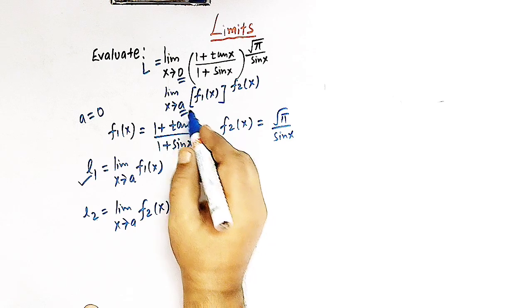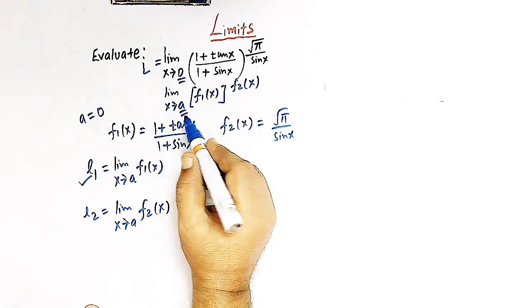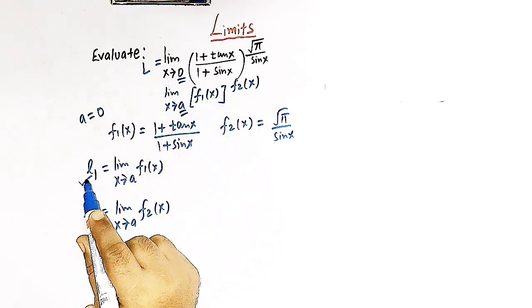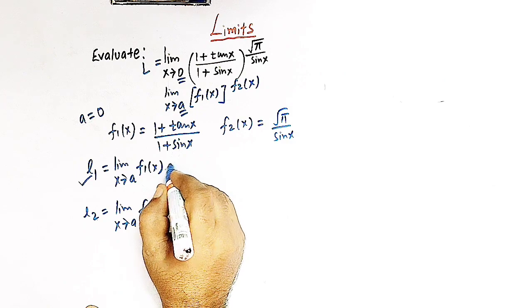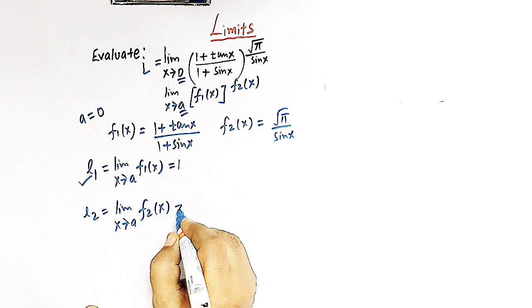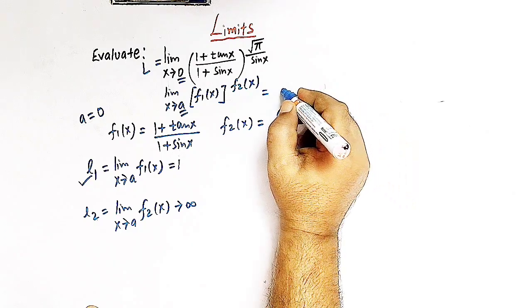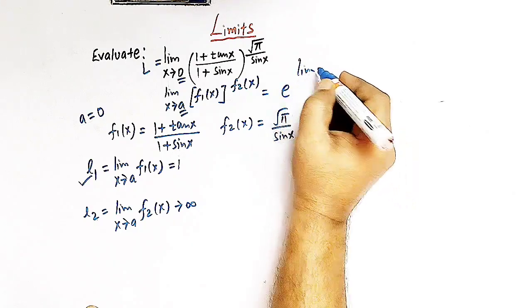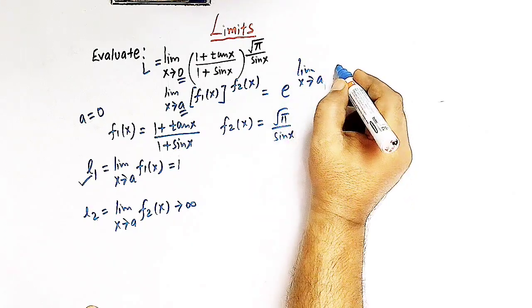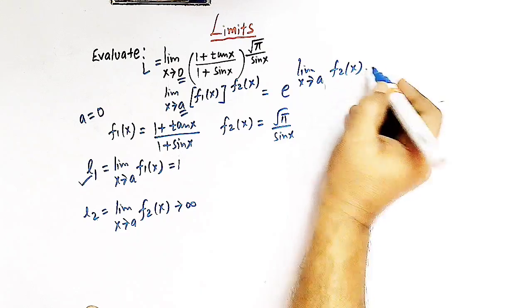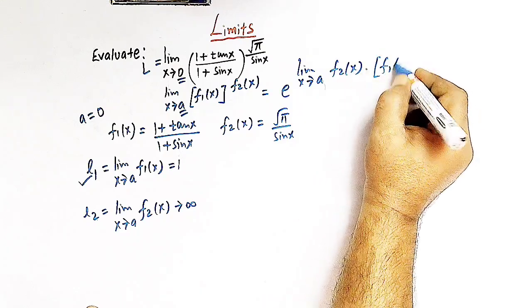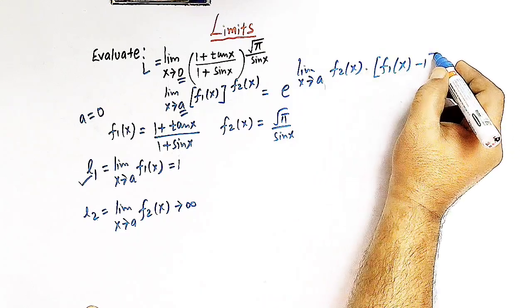So we have just seen that whenever we have a limit of this sort, with L1 equal to 1 and L2 not defined, then the value of this limit is given by e raised to the limit x tends to a of f2(x) multiplied with (f1(x) minus 1).